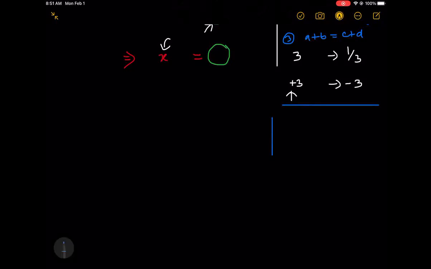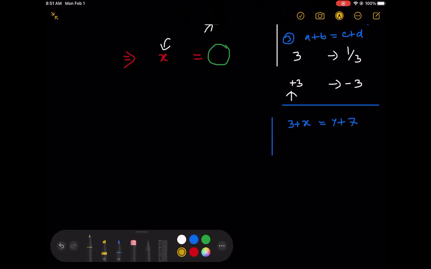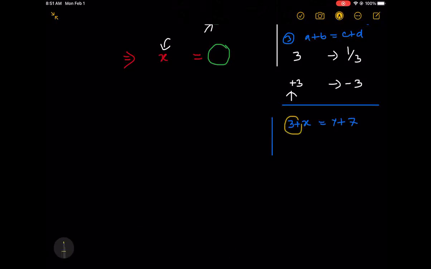So if you have, let's say, 3 plus x equals, let's say, y plus 7. If I am trying to isolate x, that means I'm trying to get rid of this 3, which is adding an extra amount with x. That means if we can subtract it from both sides, then we can get rid of this.